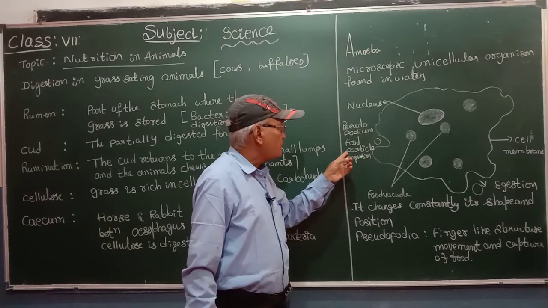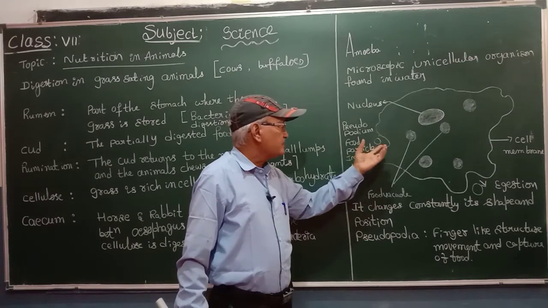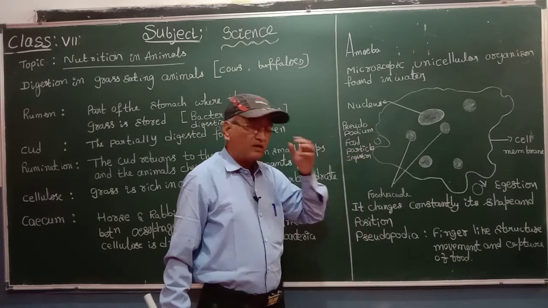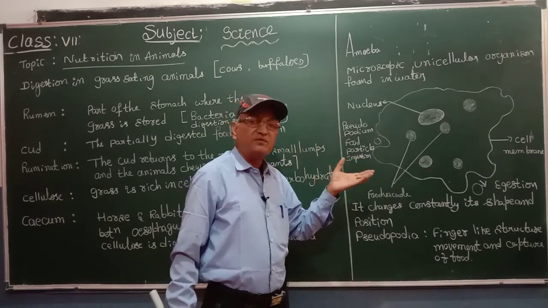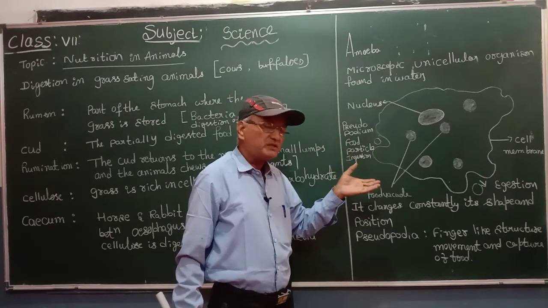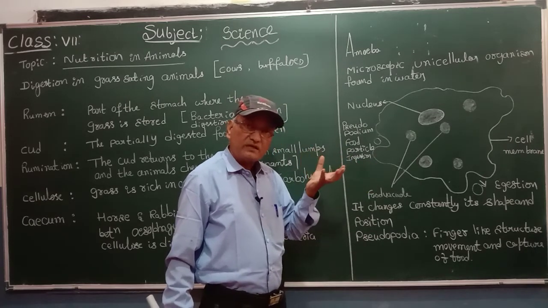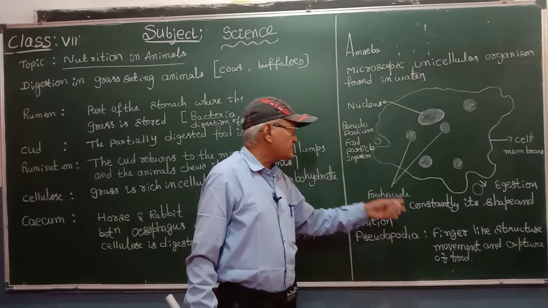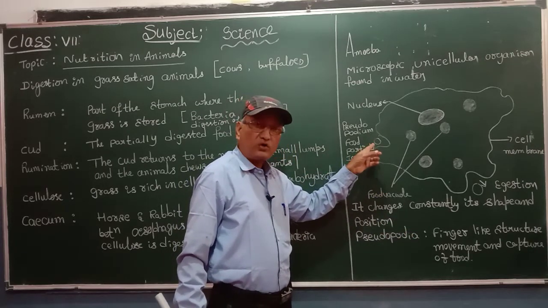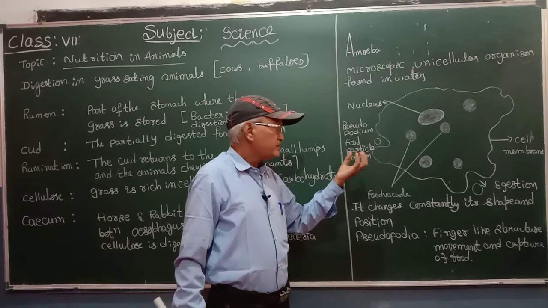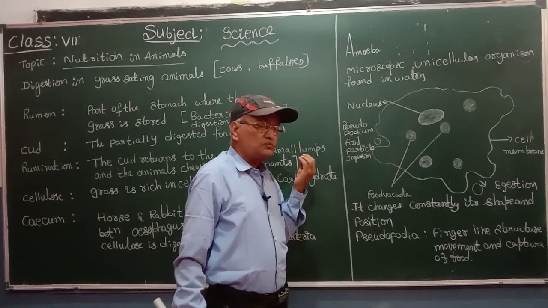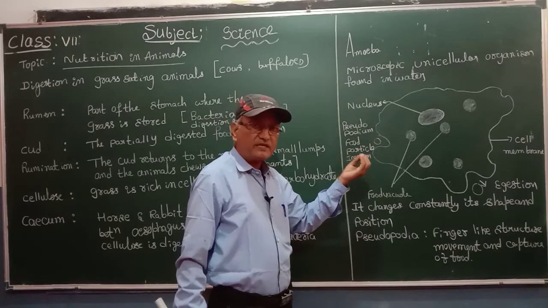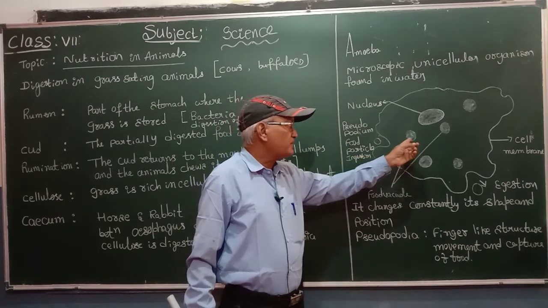Now the food is taken in through the pseudopodia, depending upon the microorganisms. When it wants food, the finger-like structure will attack the microbes, and they will be taken in by the amoeba. The food which enters the amoeba will be filled in food vacuoles.